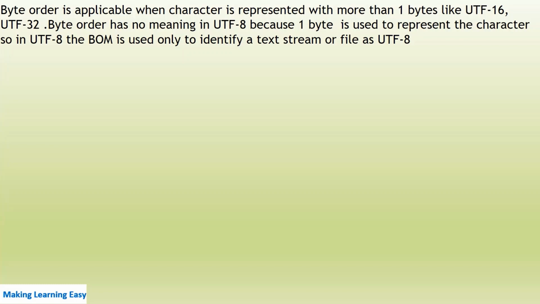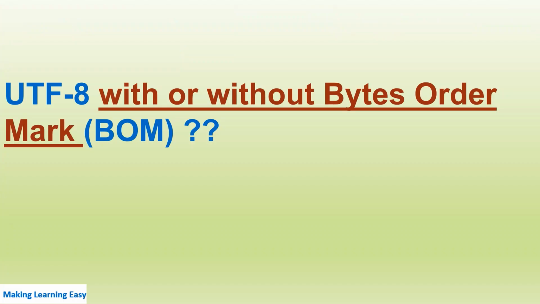Byte order has no meaning in UTF-8 because 1 byte is the unit, and there is no possibility of change in the order of the bytes. So in UTF-8, the BOM is used only to identify whether the file has been encoded with UTF-8 or not. With UTF-16 and UTF-32, there is no possibility of working without the byte order mark, BOM. Meaning if you are using UTF-16 and UTF-32, then you will have to use the BOM by default.